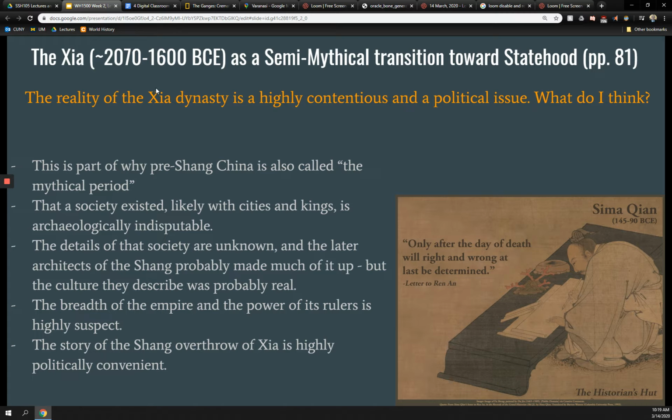And the most significant of these is someone called Sima Qian from 145 to 90 BCE. This person is possibly one of the first historians, probably the first Chinese historian, but possibly one of the first historians in human history in the modern sense of what a historian is.